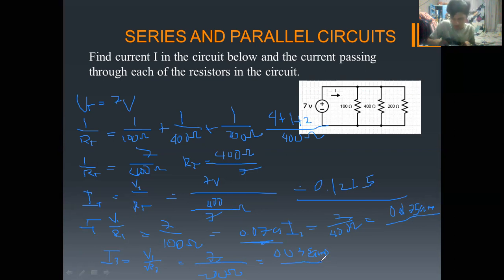Pag pinag-add natin sila, 0.07 plus 0.0175 plus 0.035, ang makukuha natin ito, 0.1225 ampere. Ayan, kaya na natin.